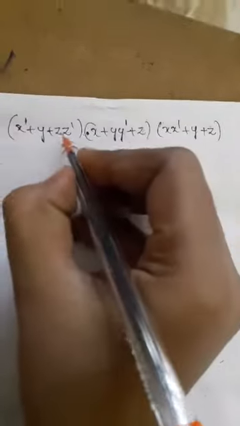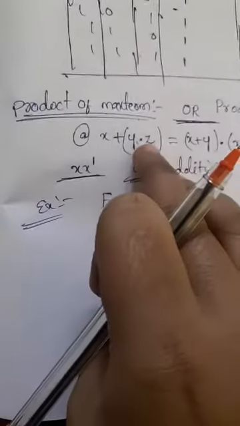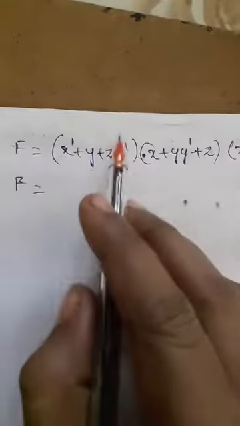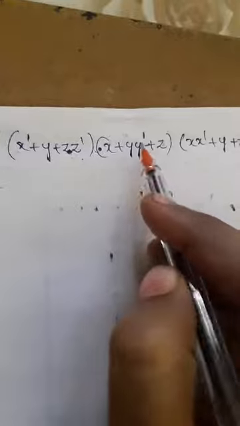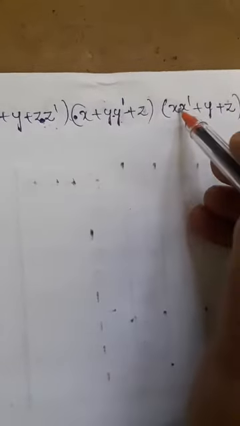Here we are applying the distributive law. How to define the distributive law? Any product term can be divided into two parts, like x plus y into x plus z. Here also, z into z complement is one product term, y into y complement is another, and next x into x complement.